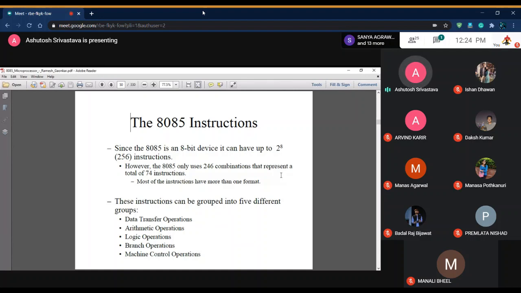So the combinations of this, that is the maximum capacity, but one can use these 256 combinations representing only 74 instructions for your 8085 microprocessor.